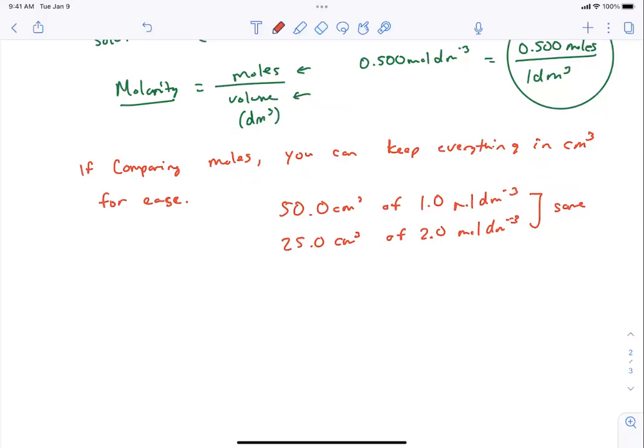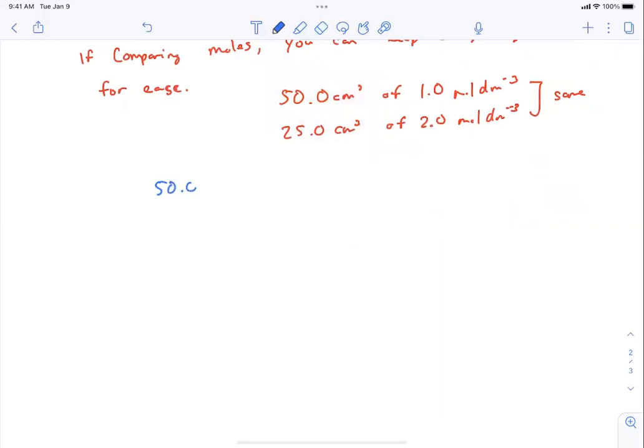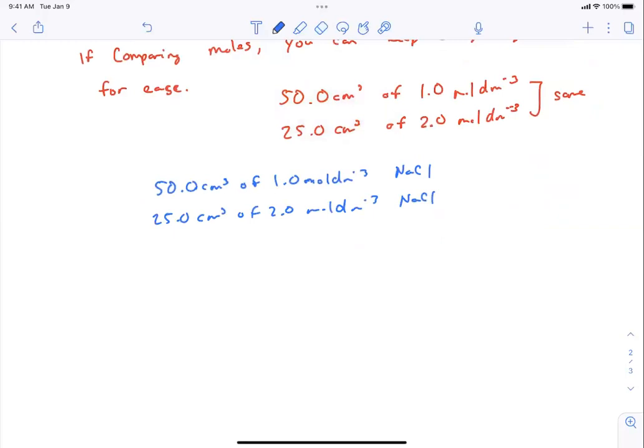So let's say, for example, I had 50 centimeters cubed of 1.0 molar NaCl, and 25.0 centimeters cubed of 2.0 molar NaCl, and then maybe 25.0 centimeters cubed of 2.0 molar MgCl2.